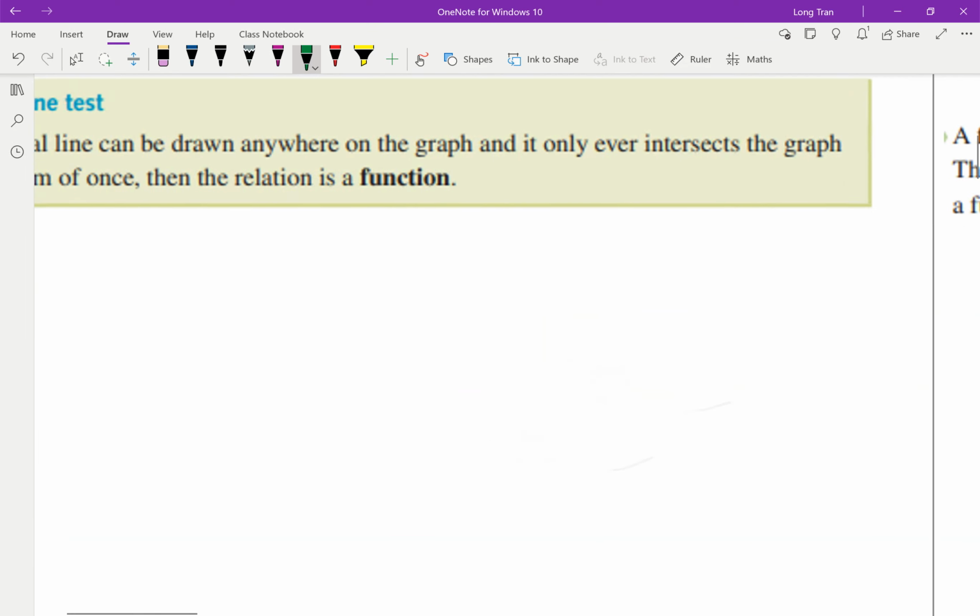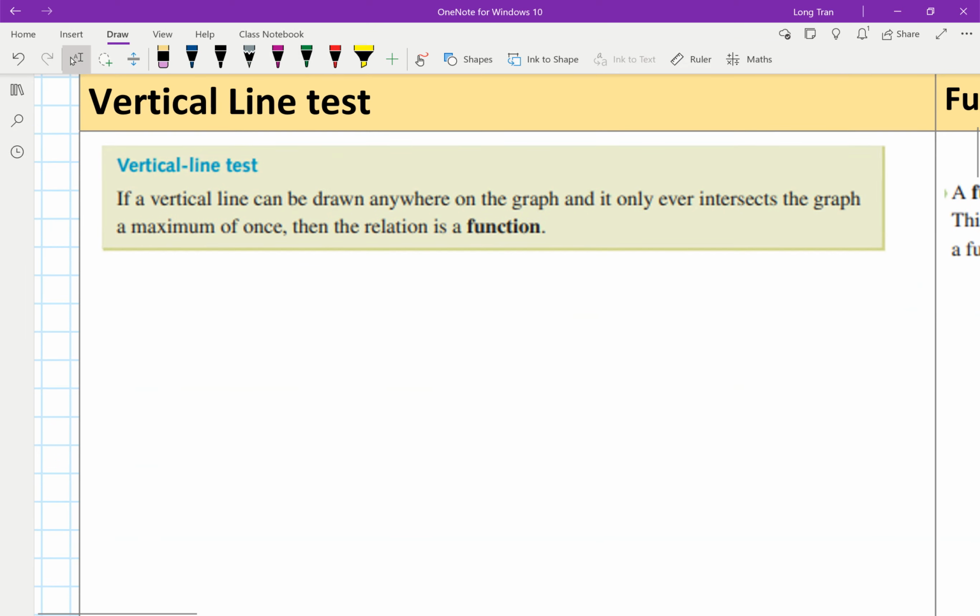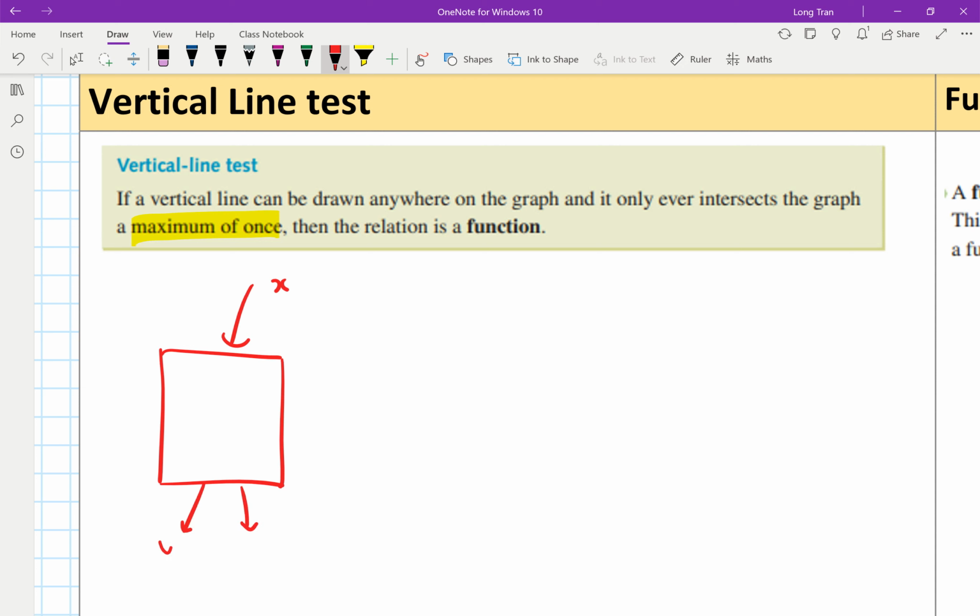They say you can do a vertical line test, drawn anywhere on the graph, and it only ever intersects the graph a maximum of once. If it intersects twice, that indicates that for one x coordinate, you're going to get two y values. That's what the vertical line test does.